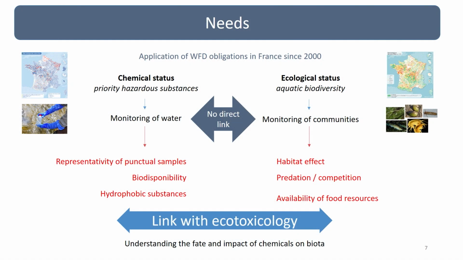So, in this context, ecotoxicology is proposed to improve the link between chemical status and ecological status by understanding the fate and impact of chemicals on biota, and more especially on individual effects, to link exposure and effect on communities.